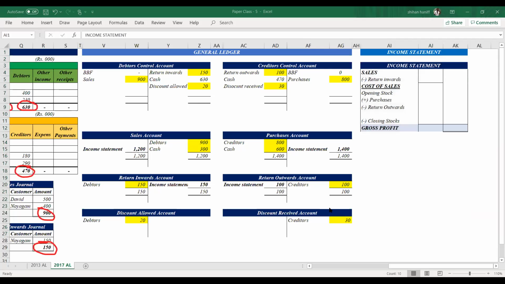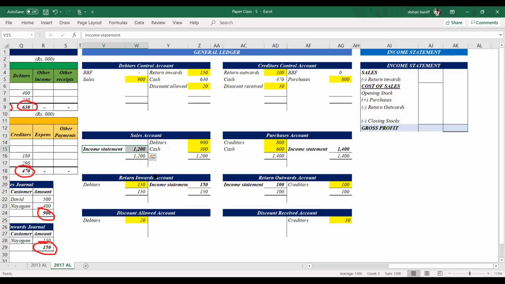Income statement balance, didn't understand? That is the difference, like balancing the account. If you take the sales account, credit side is more, you take the total of the credit side, take that to the debit side, and the difference is called income statement. The difference is 1,200.